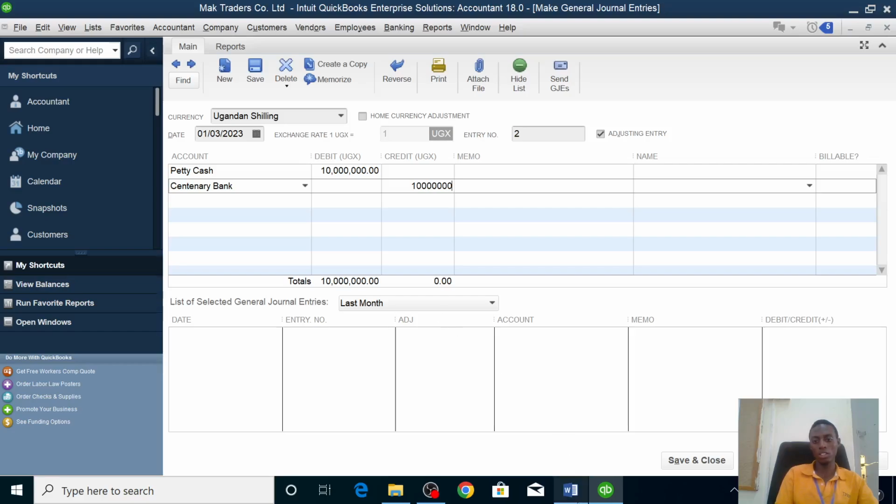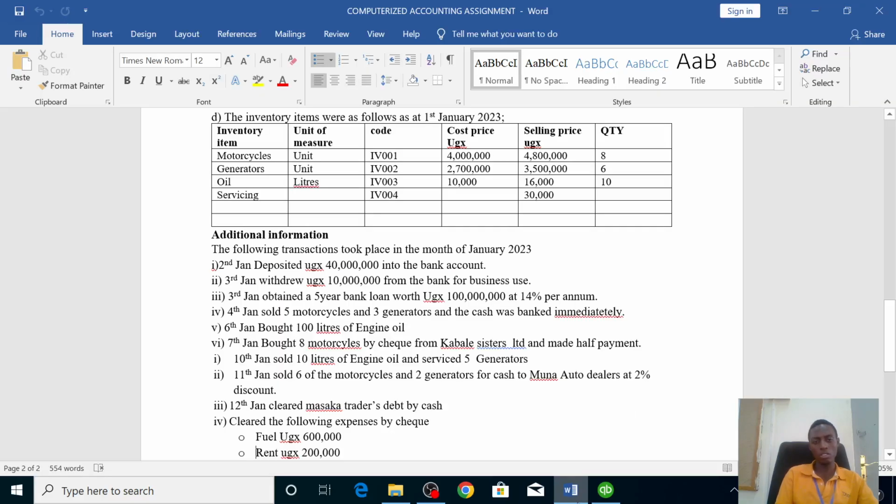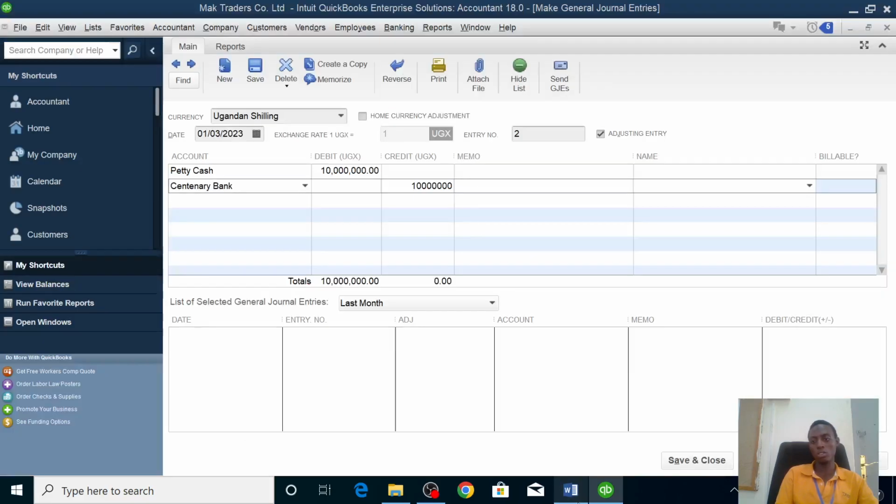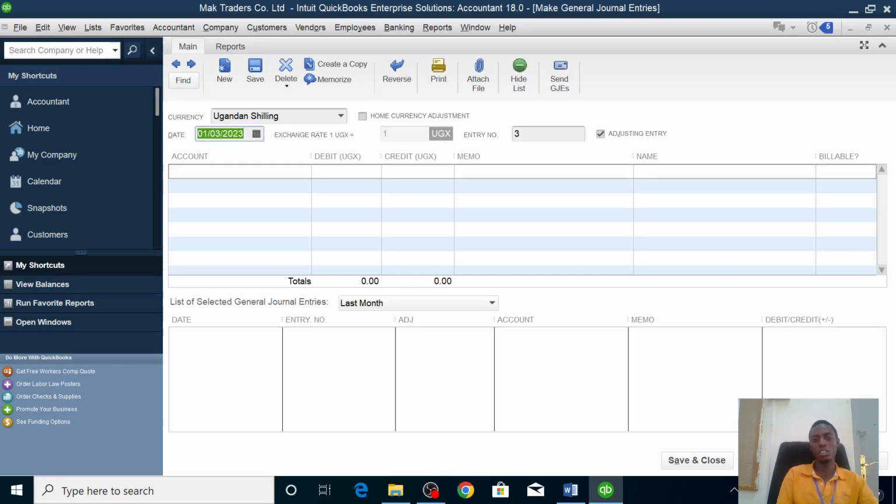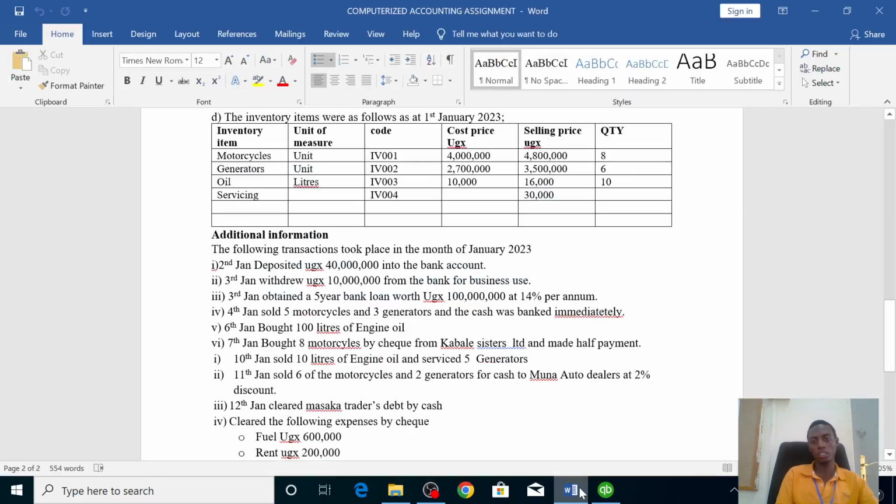Then my next transaction, it's obtained a 5-year bank loan. So I'm going to do it also from here, from general journal. Same day on 3rd, since the bank loan was deposited, obtained a 5-year bank loan worth.